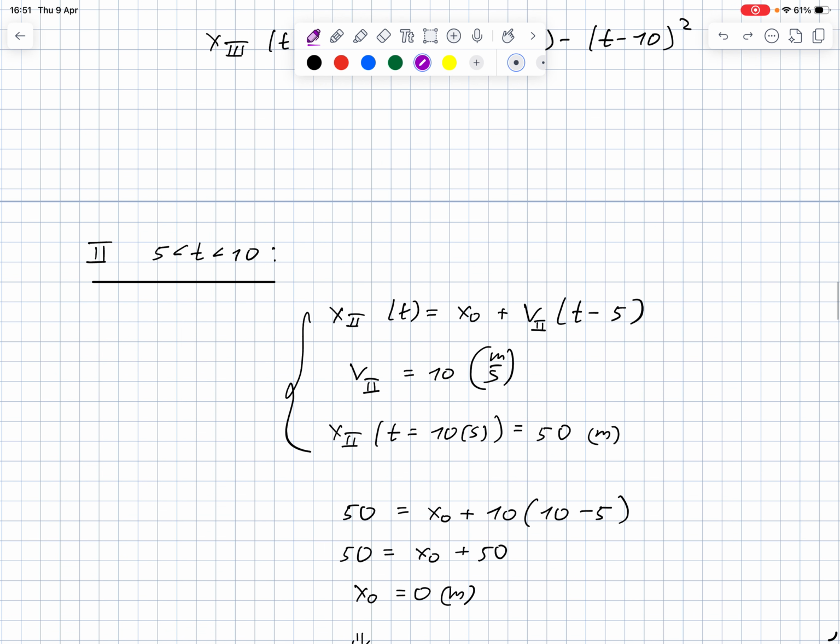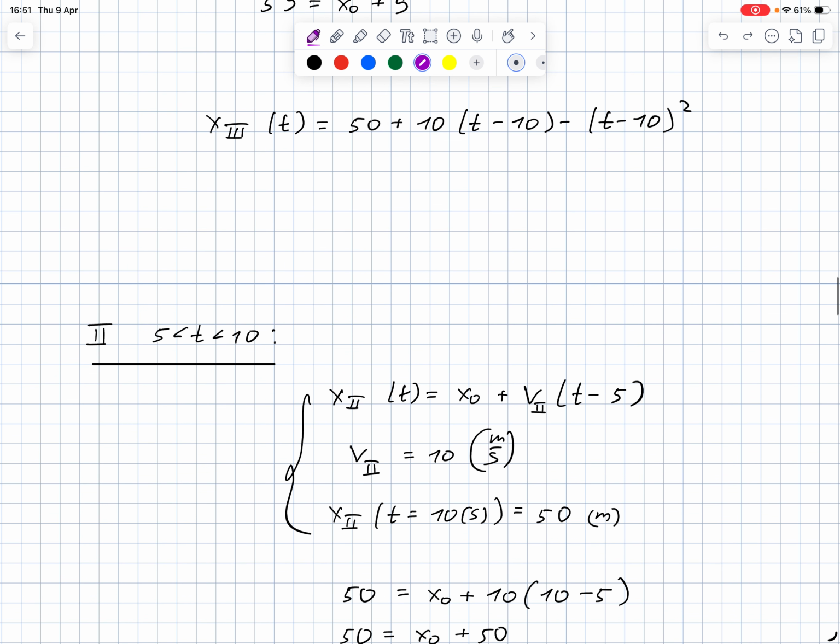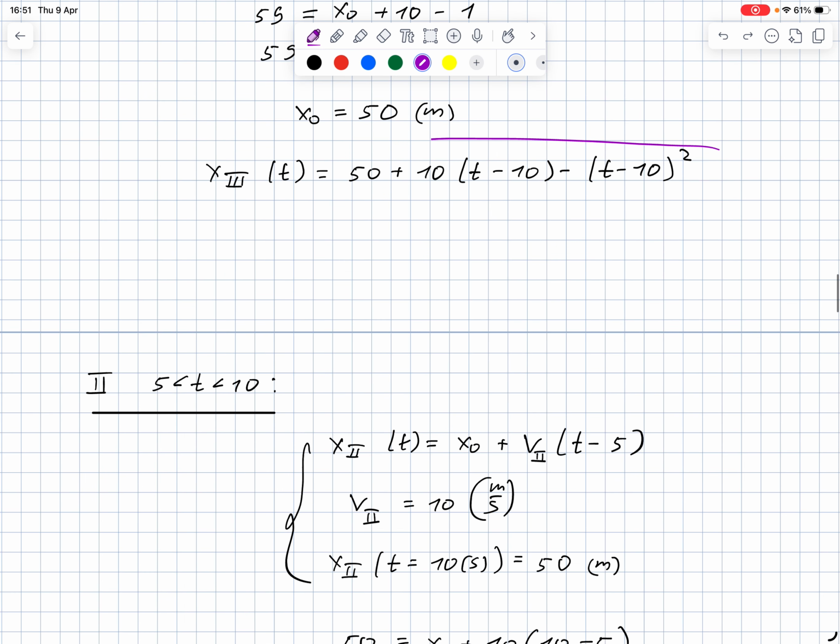So, from the previous interval, when we substitute t by 10 seconds, we'll get 50 meters.